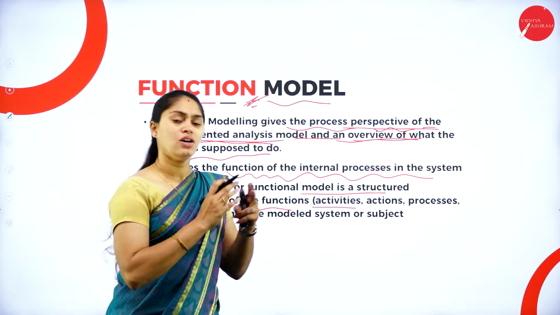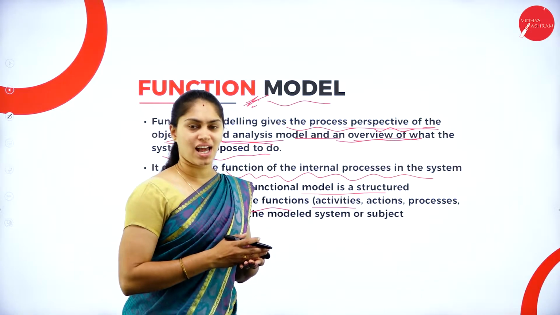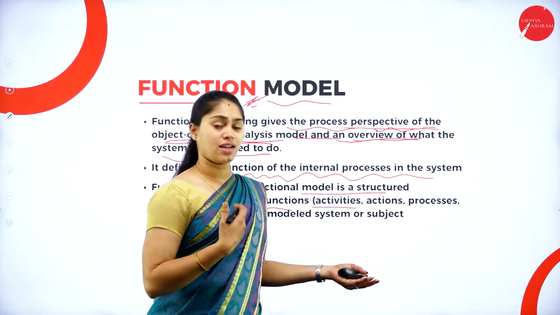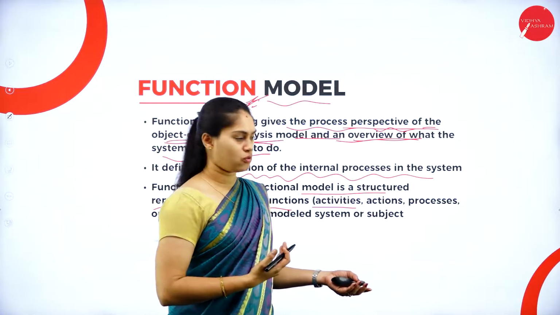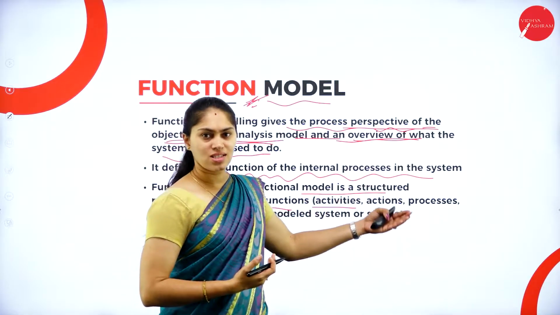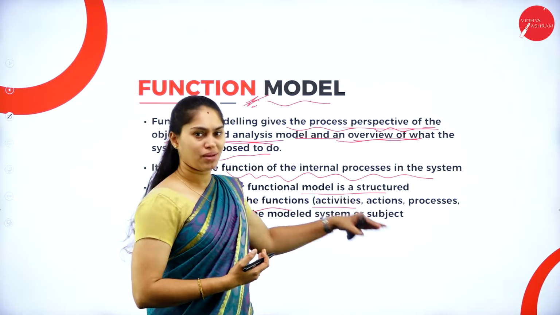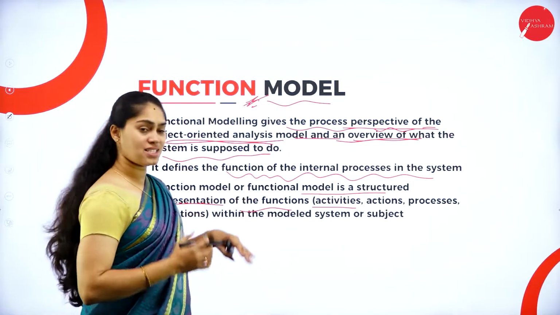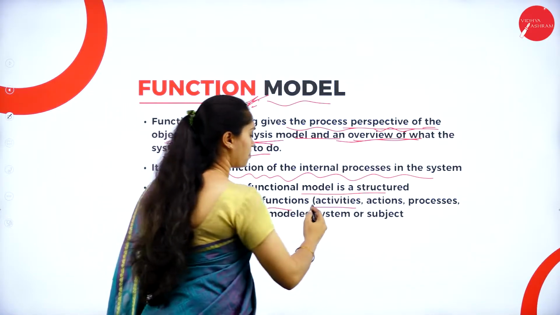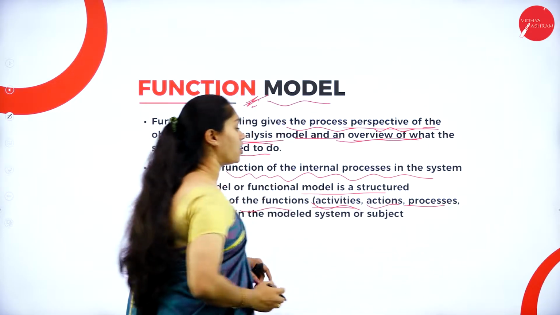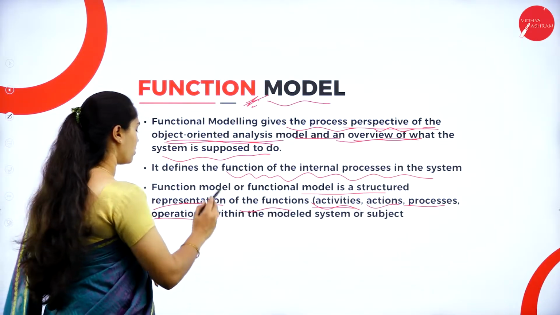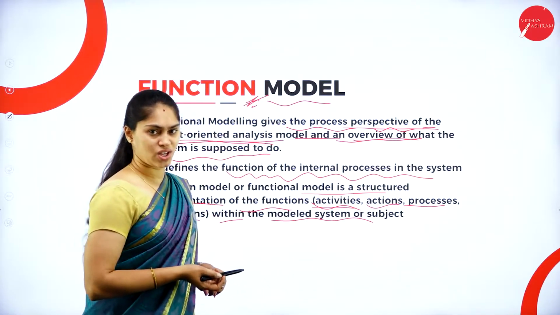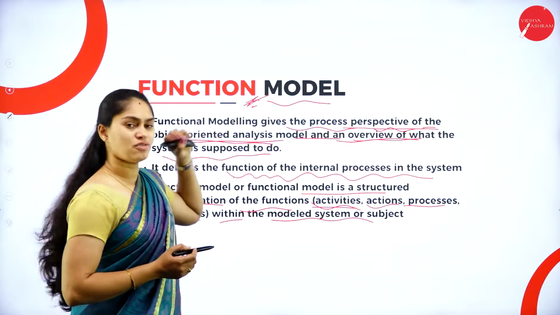For example, when you have one model, what is its functionality, how it is transferred from one state to another state, what actions it is performing, and what processes it is carrying out. Everything will be represented with the help of this function model, so a function may comprise activities, actions, and processes along with the operations within the model system or a subject. That is the function model.